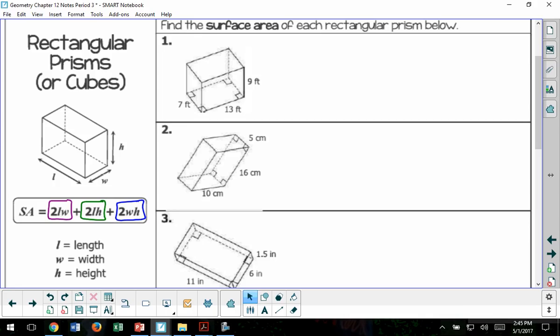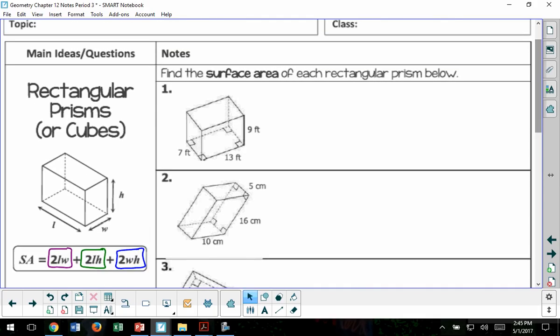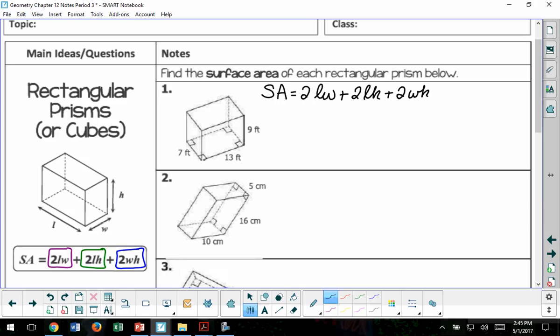All right. So for number 1, these are the times when you need to make sure that you write down the formula and the plug-in. I'm going to show you how to do those. So surface area equals 2LW plus 2LH plus 2WH.